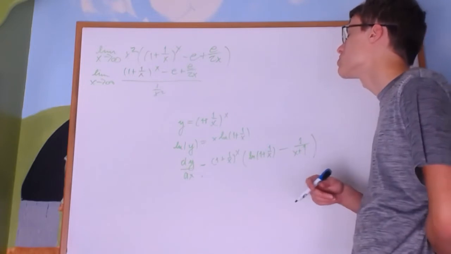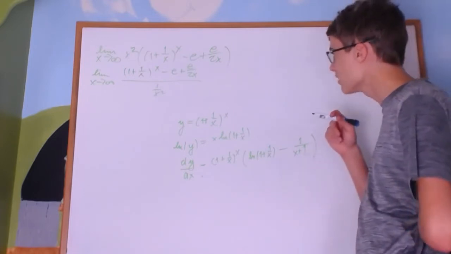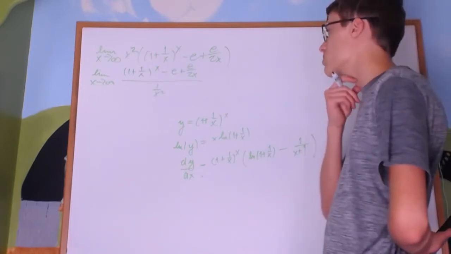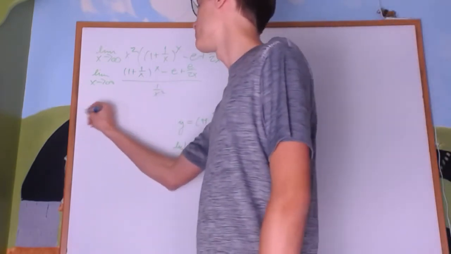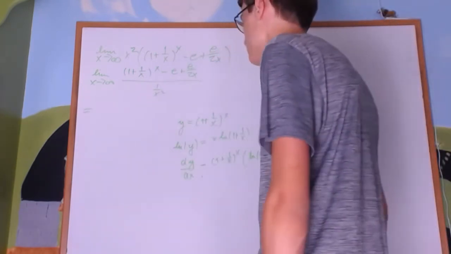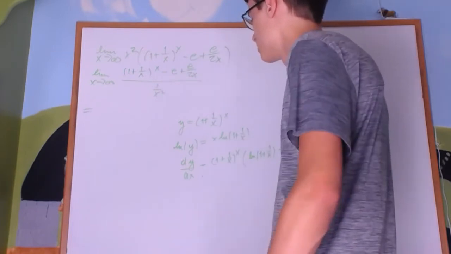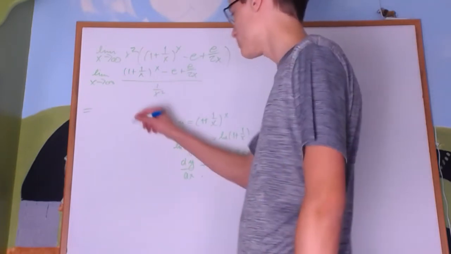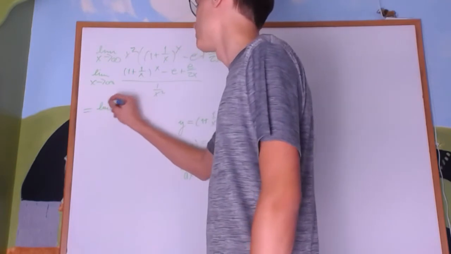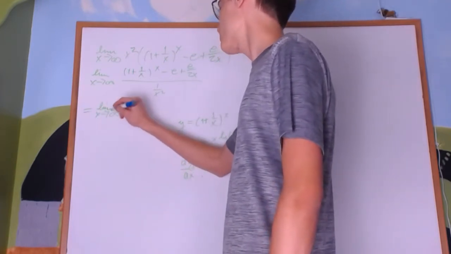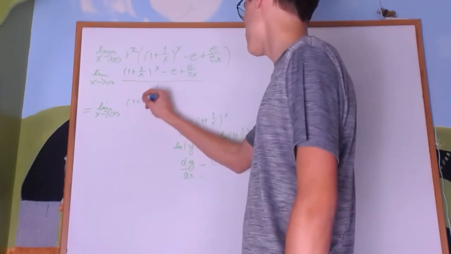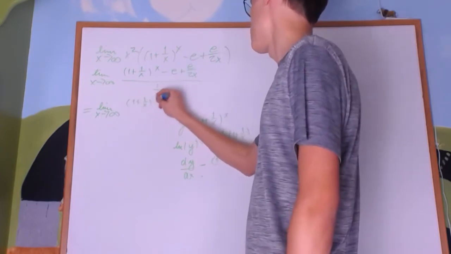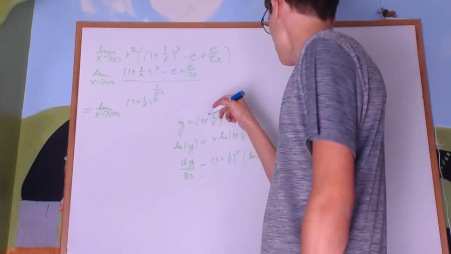So now one goes to e, negative e over 2x squared. So on the top, we have this monstrosity to the x.